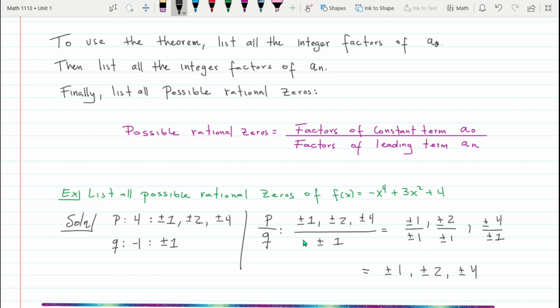So from that list, the zeros of the polynomial f are in this list. Which one are they? We don't know yet.